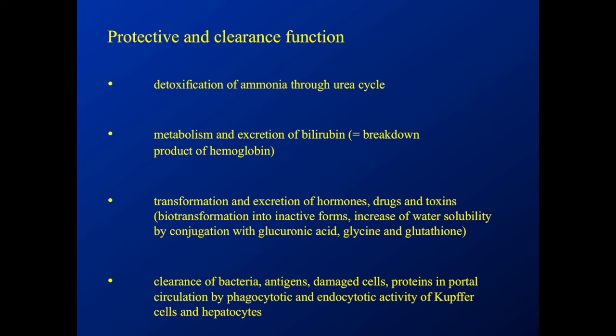The buildup of ammonia results in neurological damage, so it's a very important function. It's also involved in the metabolism and excretion of bilirubin, and failure of it to do this is seen in jaundice as you get increased breakdown products in the skin. And bilirubin comes from the breakdown of hemoglobin.